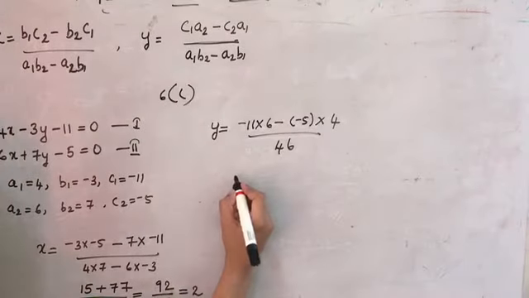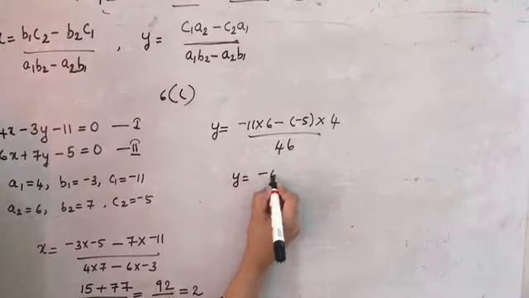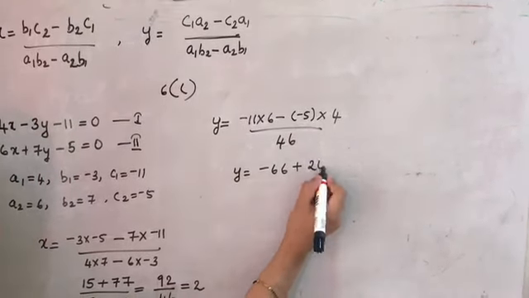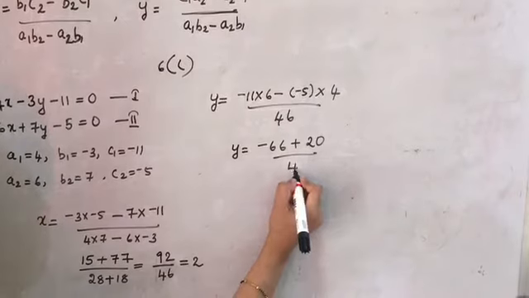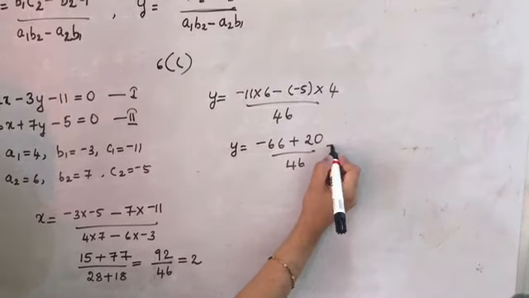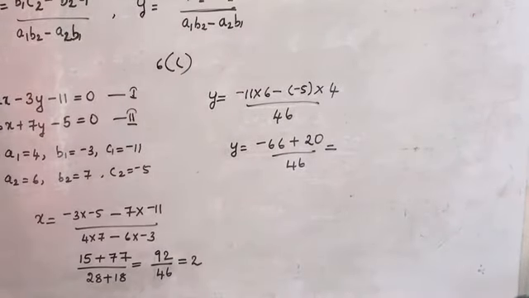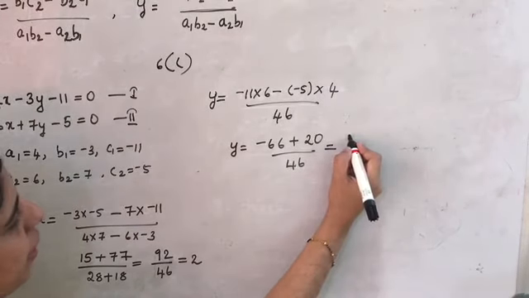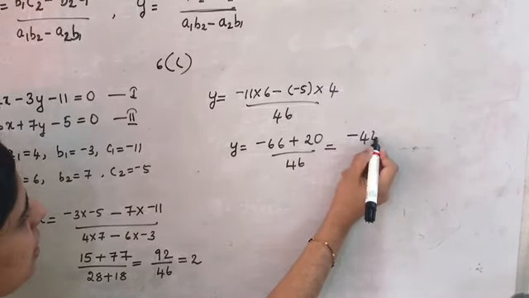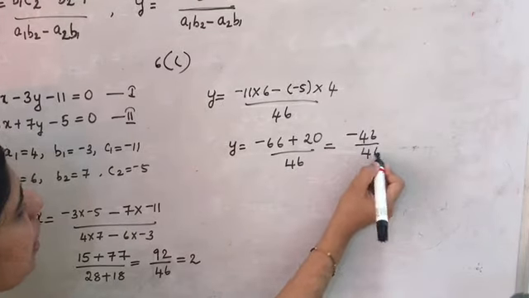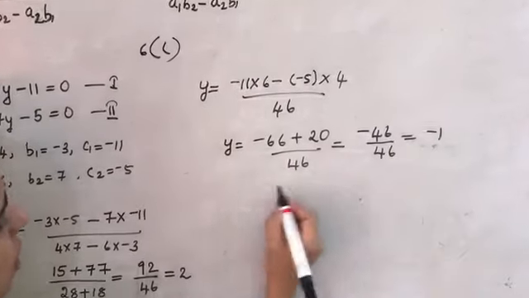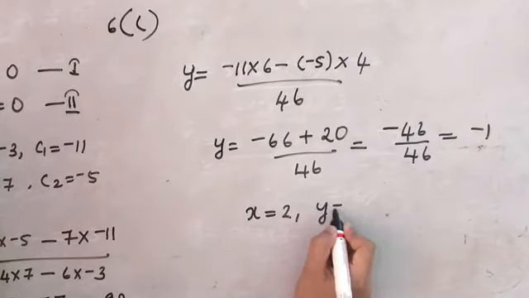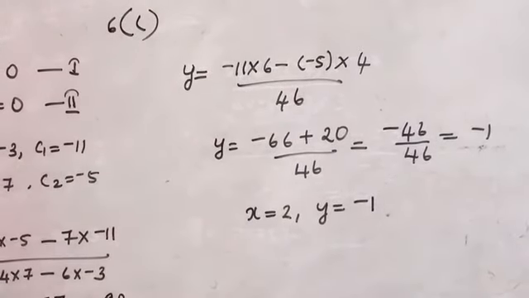So you get y equals minus 66, minus into minus plus 20, by 46. That is minus 66 plus 20 gives you minus 46 by 46 equals minus 1. So the value of x equals 2 and the value of y is equal to minus 1.